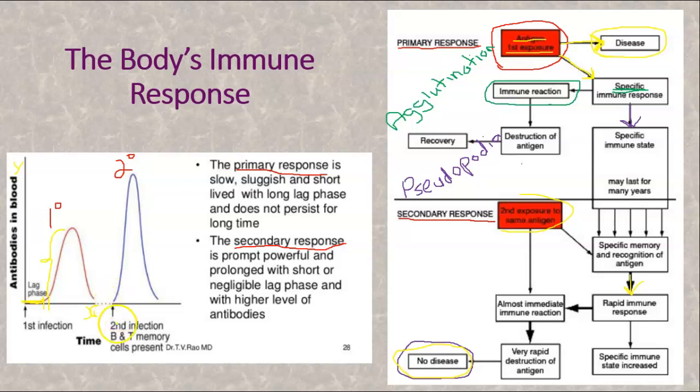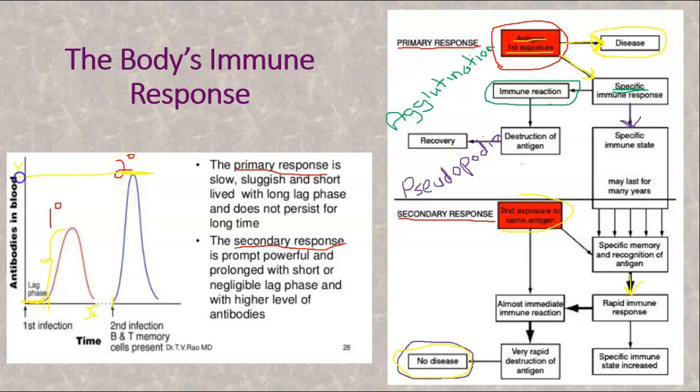So during the second infection, you have a quicker response because you take less time to start producing antibodies rapidly. And the secondary response results in the generation of much more antibodies than the primary response.